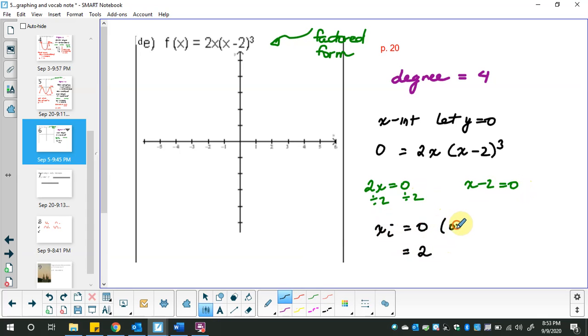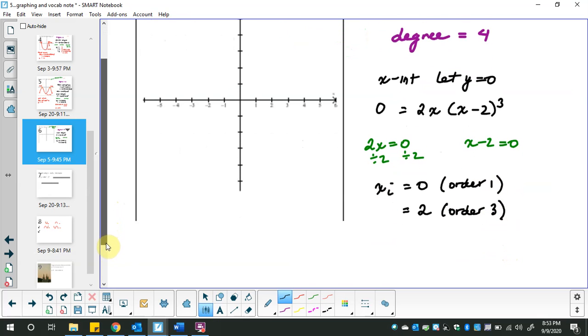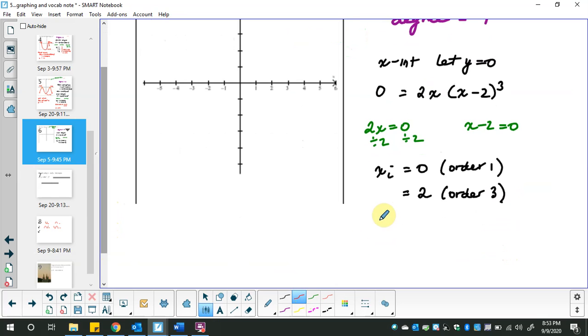This one is order 1. This one had a cubed on it, so that is order 3. So I don't know if you can guess, but that means you have no double roots, because double roots are indicated by order 2.